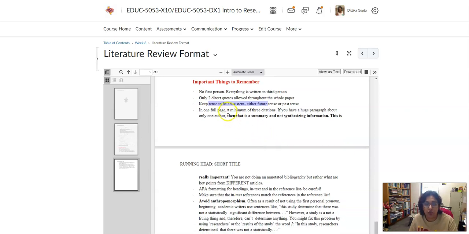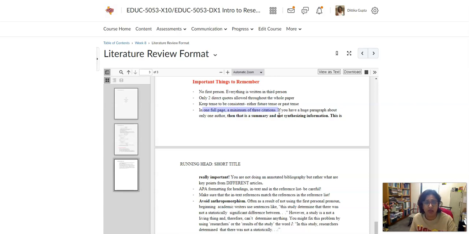Okay, so I'll give you an idea. If you have a big paragraph and you only have 1 citation, then that is not called synthesizing of the information. That is basically you're doing an annotated bibliography. You're just writing the summary of the article, which is not the goal here. Here the goal is synthesizing information.